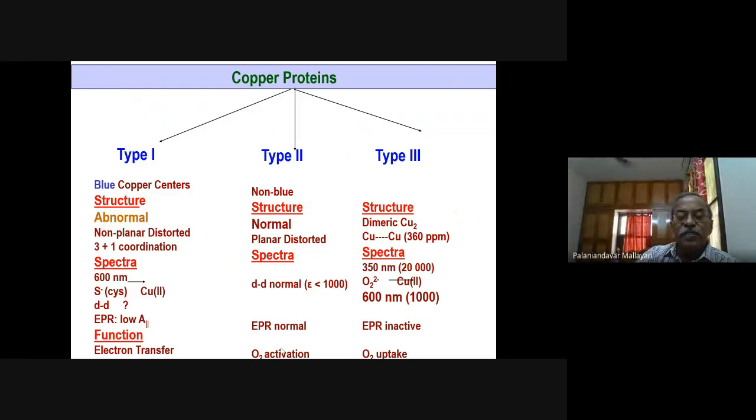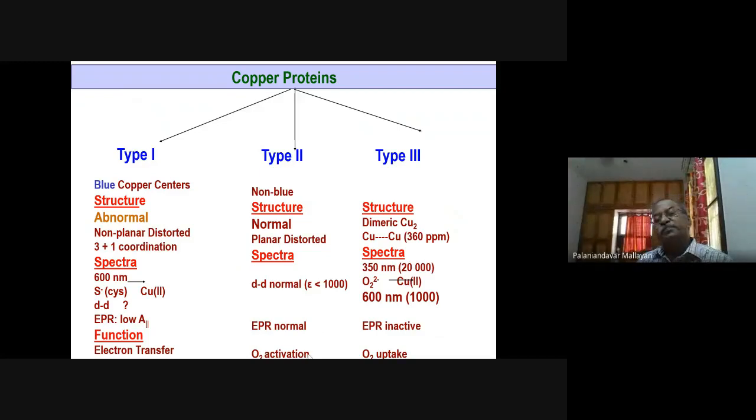That is the secret behind the type of chemistry we are going to discuss about the copper protein. When the copper proteins are involved in oxygen activation, these are mostly copper enzymes. They bring about chemical transformations involving molecular oxygen.